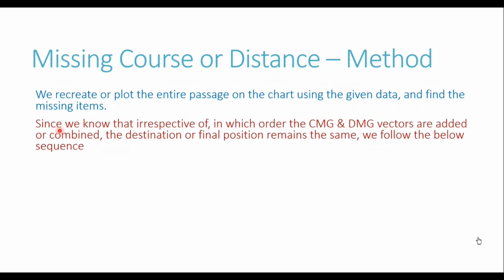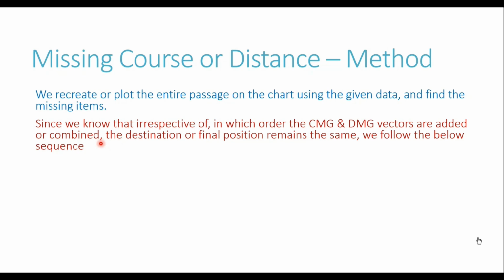Now, since we know that irrespective of in which order the course made good and distance made good vectors are added or combined, the destination or final position in our case remains the same.